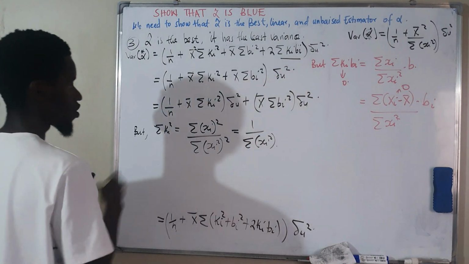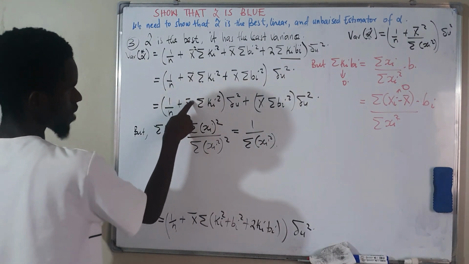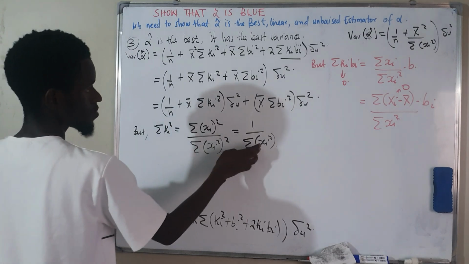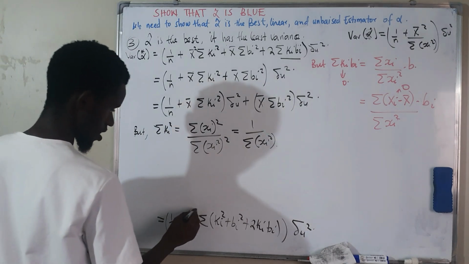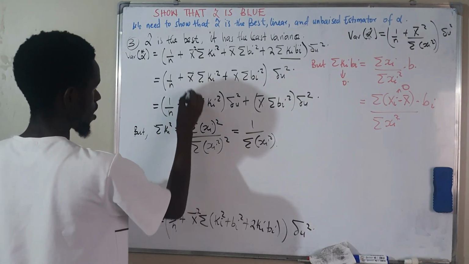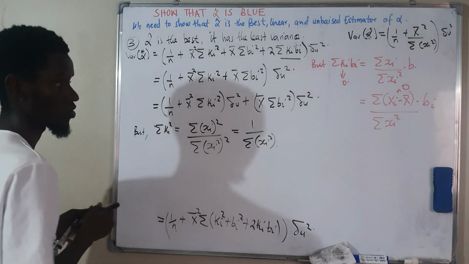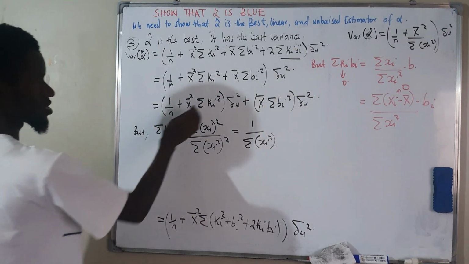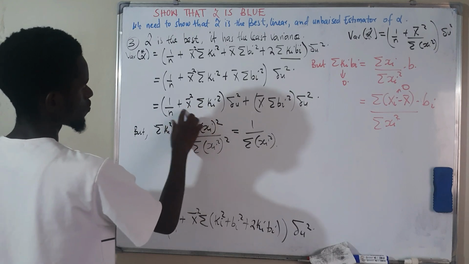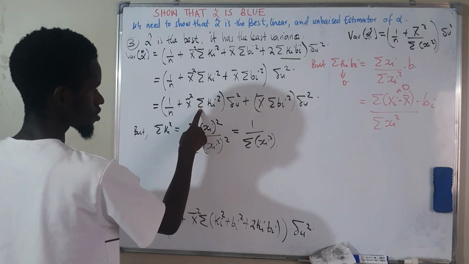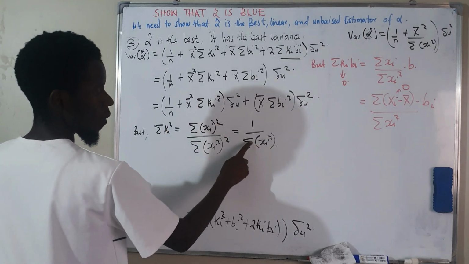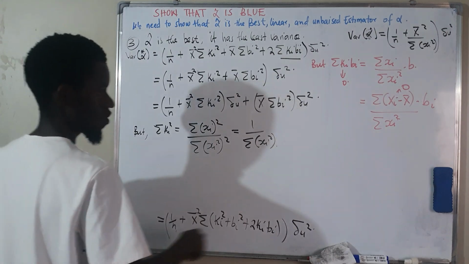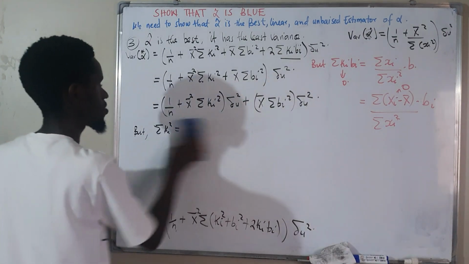Therefore, instead of writing the whole of this, I'm going to say x bar squared times 1 over this one.